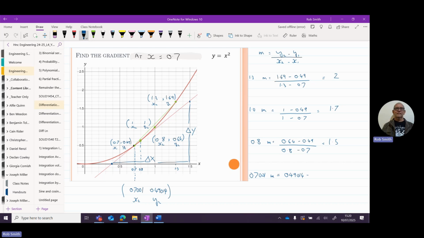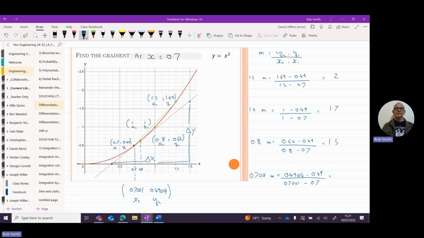Take away y1, and y1 is always going to be 0.49. So this is the point we want. And then we want to do x2, which is 0.7001, take away x1, which was 0.7. And if we put this in our calculator, let's get a good answer for that.